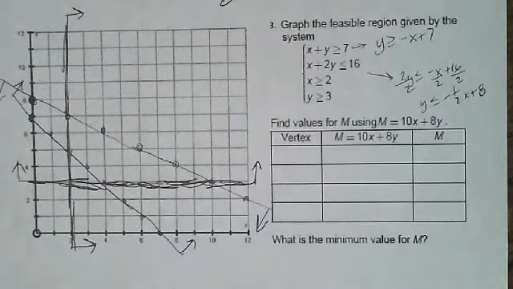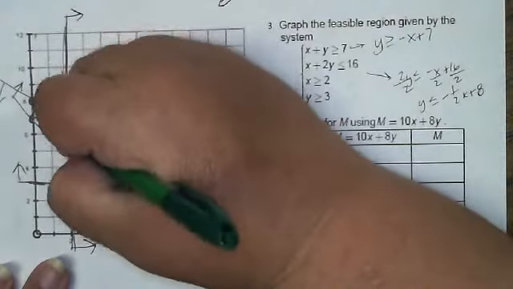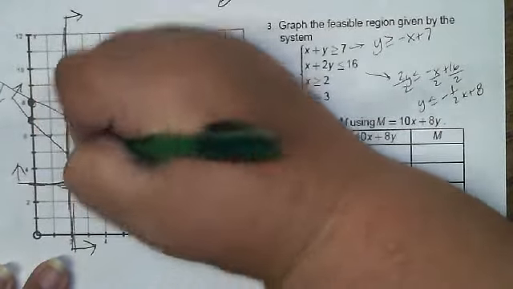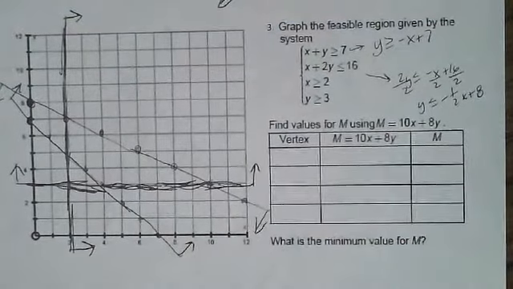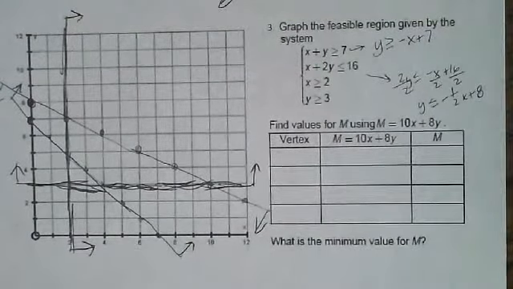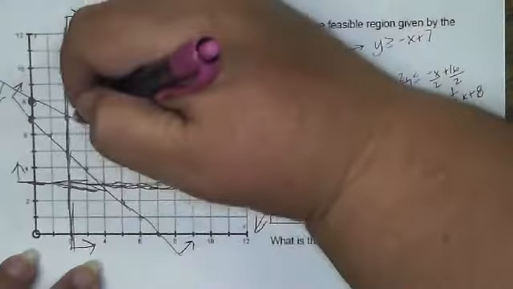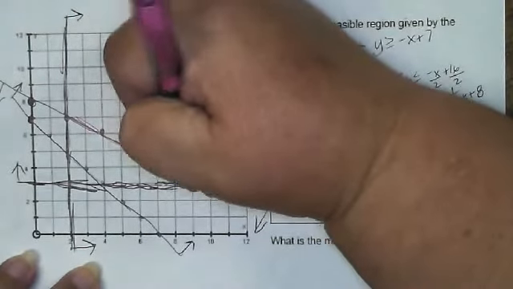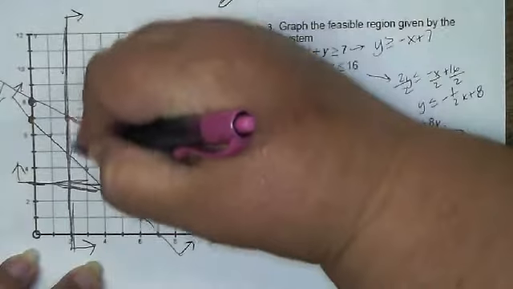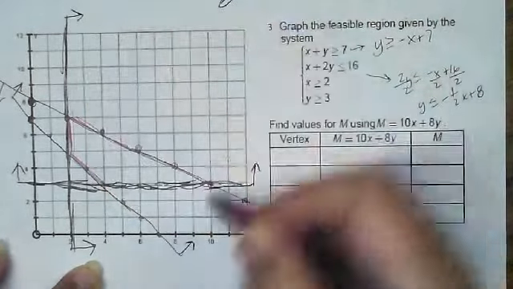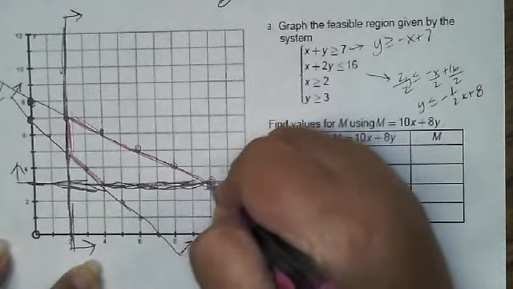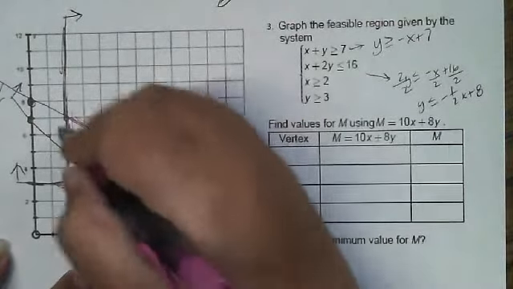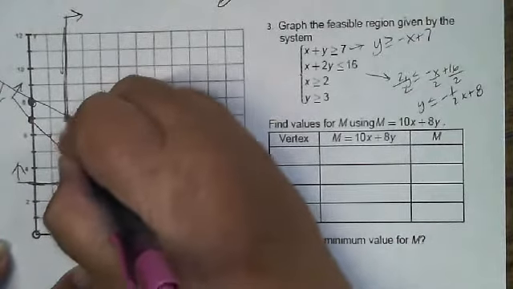So our little area is bounded by this line, that line, that line, and that line. They have vertices right here that will help us with our solution.